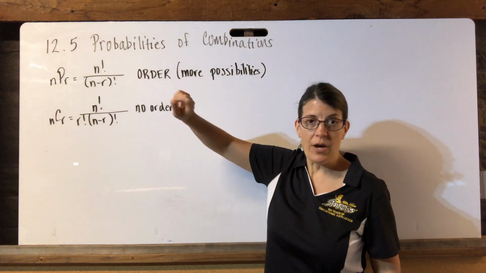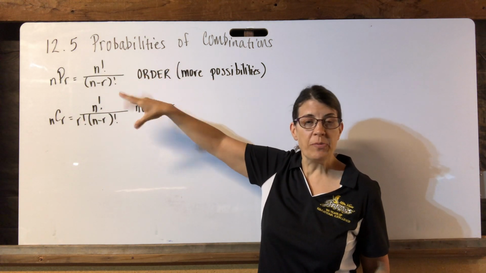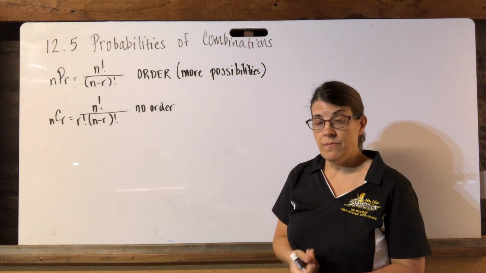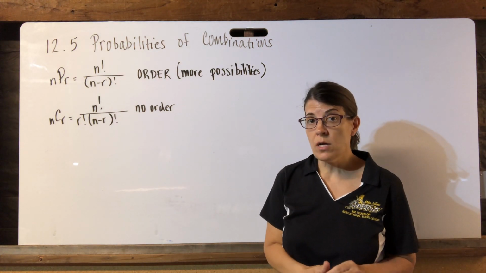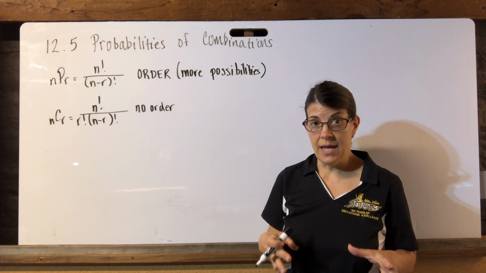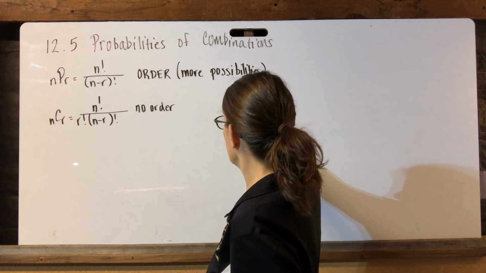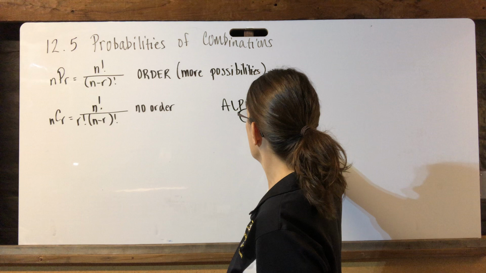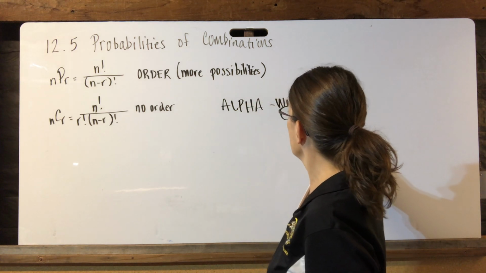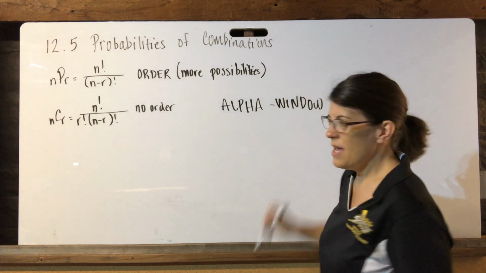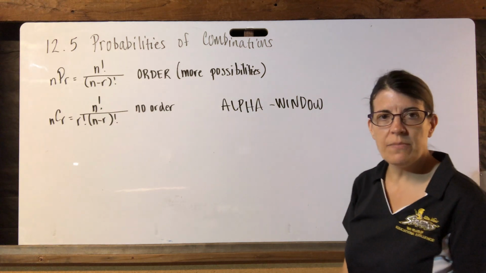Calculator. So I'll do an example of this with variables in a minute. If you have the 84, there is a shortcut to get to permutation, combination, and factorials. And that is alpha, window, and I believe it's number 7, 8, and 9 maybe.